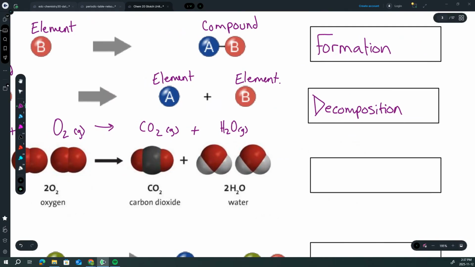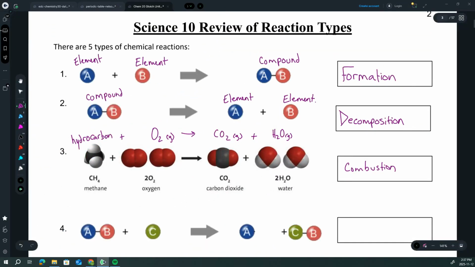Alright, so this is called a combustion reaction. What I've written here is still pretty specific, so if I wanted to get more specific about the name, it'd be a hydrocarbon combustion reaction that I'm talking about here.